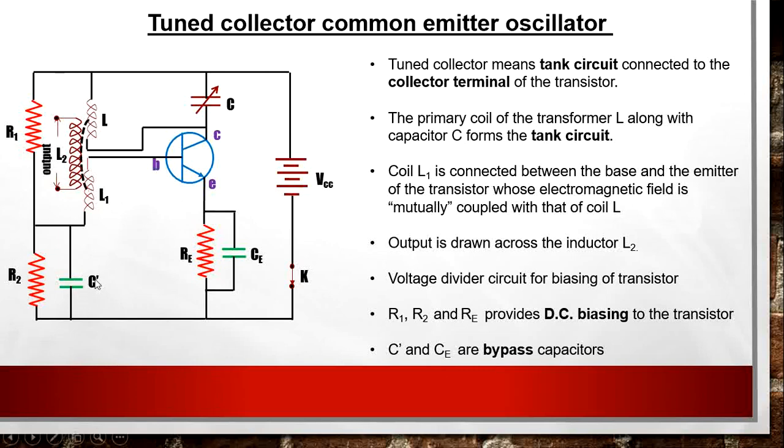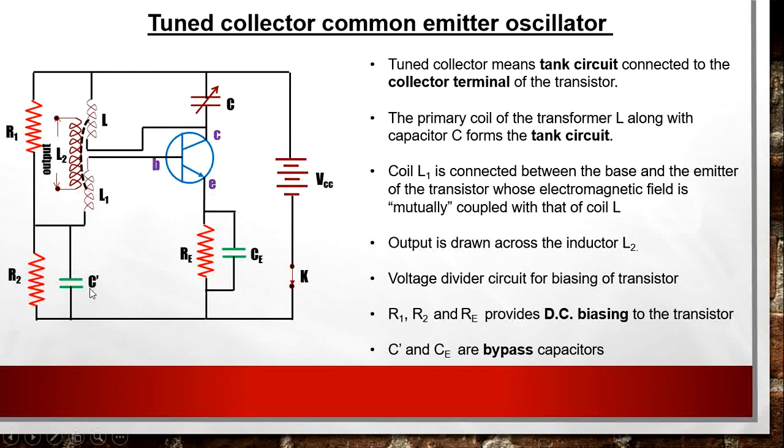If there is no C prime, in that case the feedback voltage induced in the secondary coil L1 of the transistor, because the voltage across this L1 coil is actually applied at the base and emitter terminal of the transistor, will not go to the input of the transistor, as some voltage will drop across resistance R2.